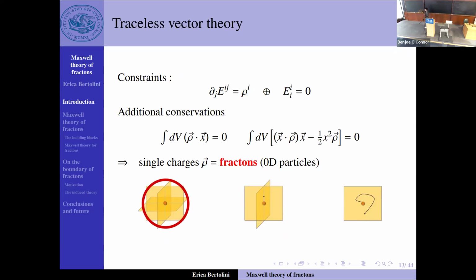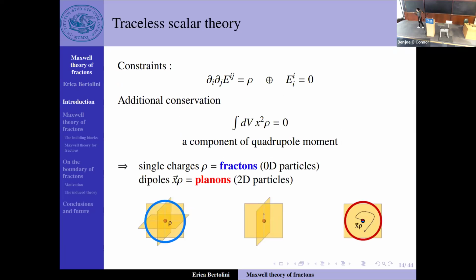One can also think of adding some other constraints, for instance, tracelessness on the electric field, and this simply further constrains the motion of the previous quasiparticles. So now, if we do this on the vector theory, we further constrain the motion of the linear particle, and this makes it an immobile particle. So we have fractons again. And we can do the same with the scalar charge theory.